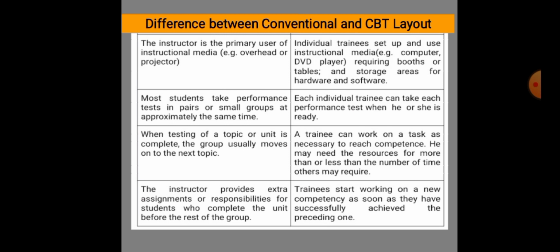In conventional, the training is done by grouping the trainees, and the instructor gives the lectures and demonstrations wherein the students just listen and observe, unlike with the CBT wherein the trainees are allowed to progress at their own pace, in which the trainer just facilitates the training delivery.